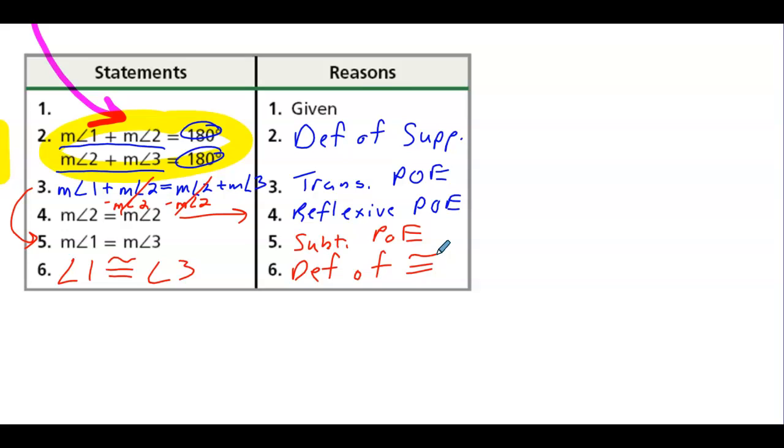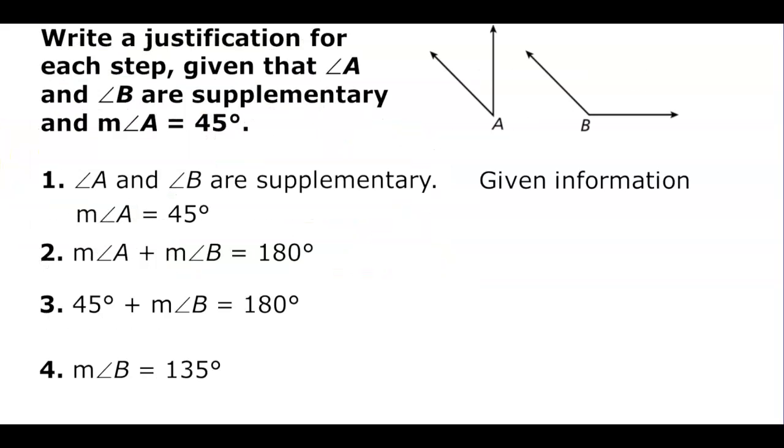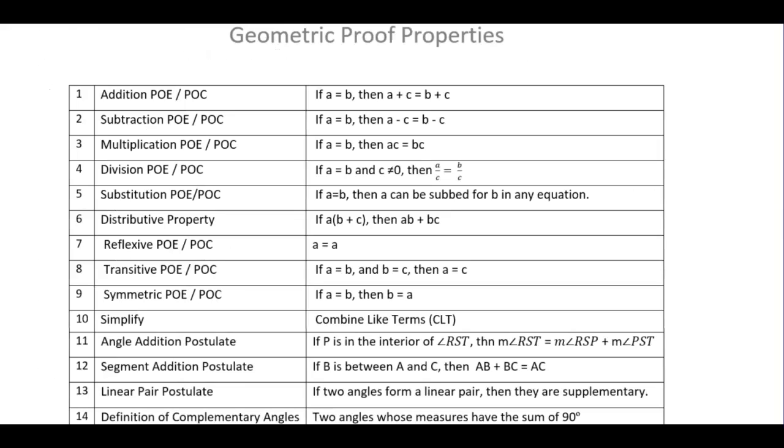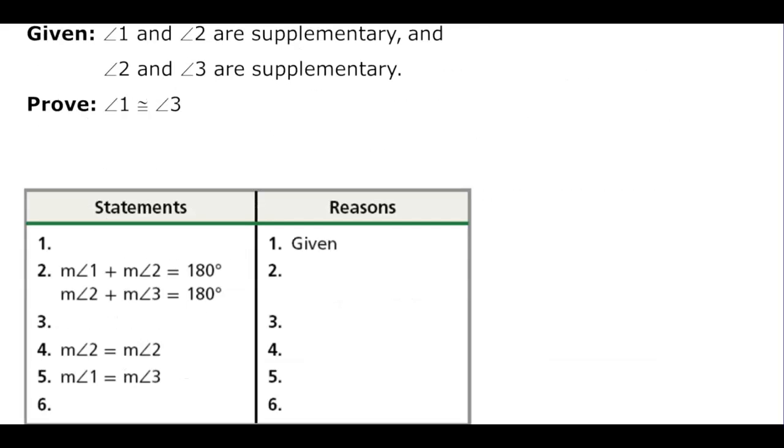So this is not necessarily easy. You definitely have to think about it a little, but the more and more you practice with this, and make sure that you practice with your formula or your proof property sheet here, you'll get better and better and better. You'll start to see the same things happening over and over. So for example, if you see the word supplementary, and then suddenly two things are being added up to 180, we know that that's the definition of supplementary.